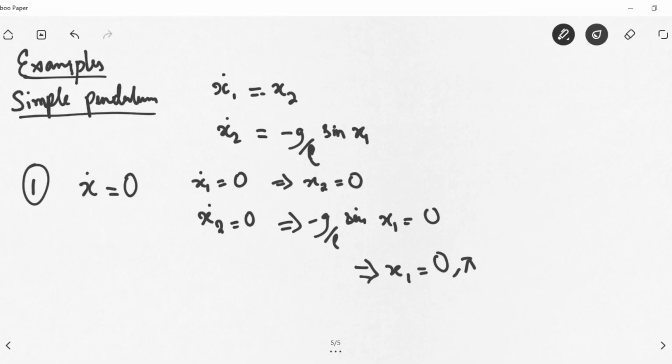So x1 equal to 0 and pi represent all the angles covered in the 4 quadrants, and therefore the equilibrium points are 0 0 and pi 0. So we have two equilibrium points in this case.